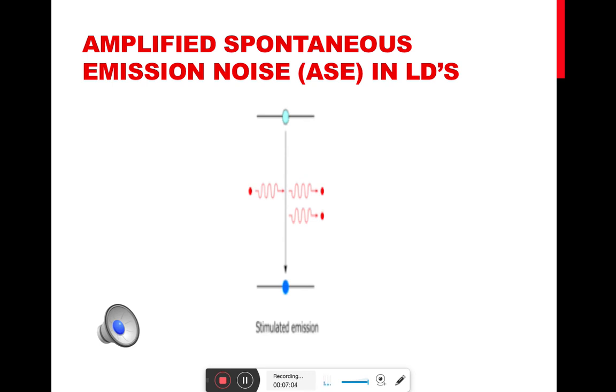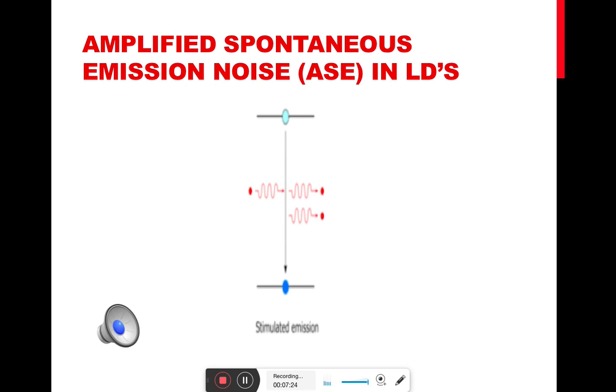For the stimulated emission, as you all know, when we hit all those electrons in the high energy level with a particular energy, all the electrons will come back to the lower energy level, releasing a bundle of energy in the form of light.